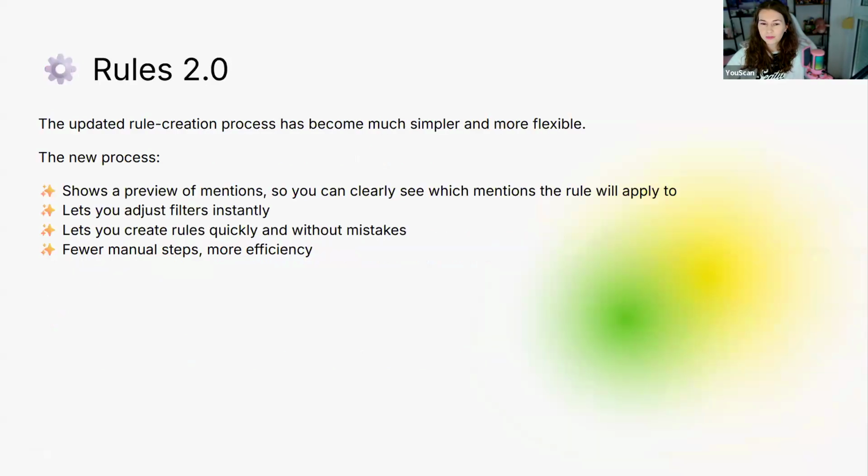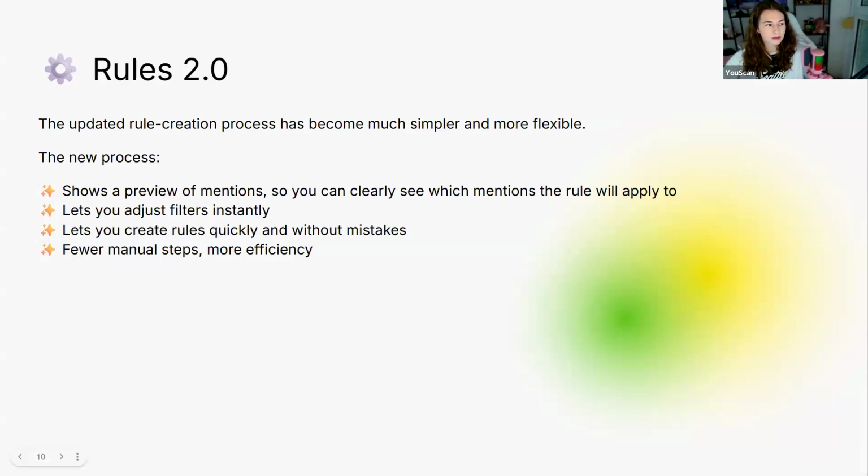Let's go to rules. We actually had an update about our rule creation, and I think this will be super exciting because a lot of people asked us about this and we heard you, so we added something really interesting to the system. So now what we have in rules. Basically, we have a new, let me actually show you.